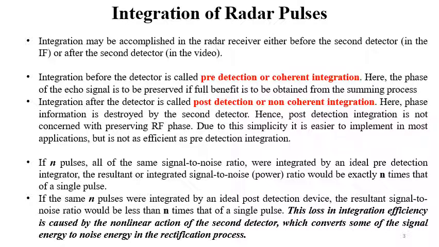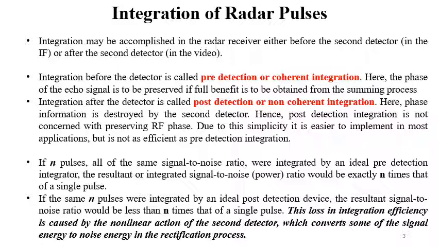So integration may be accomplished in the radar receiver either before the second detector, that means in the IF range, IF amplifier, or after the second detector, that means in the video amplifier section. Integration before the detector is called pre-detection or coherent integration.